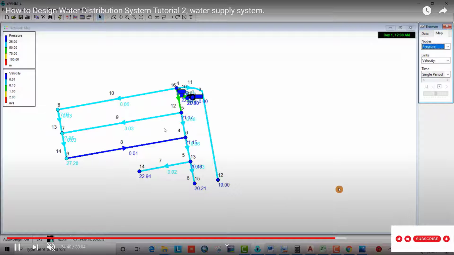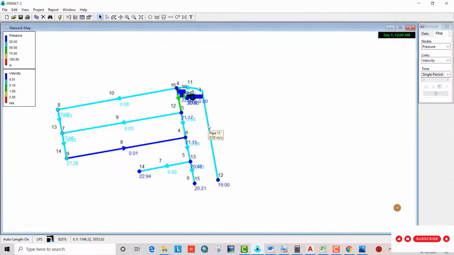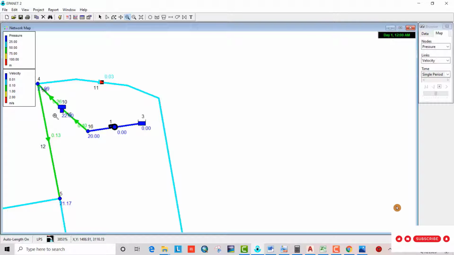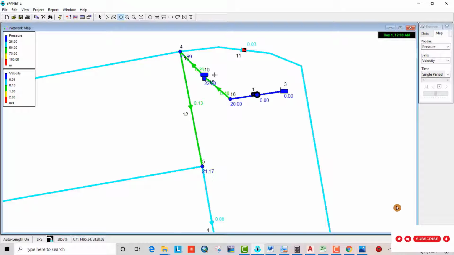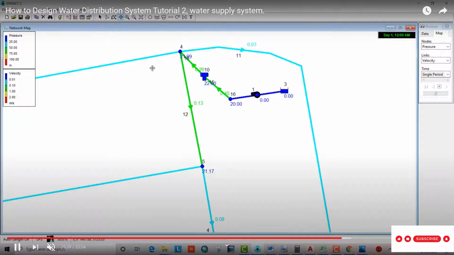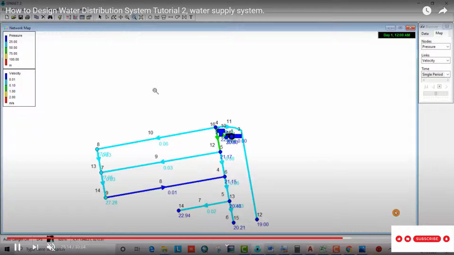See 0.06. Now we can change it. For velocity, which is too much, we can decrease the pipe diameter. This one is good, 0.4, 0.6. Velocity is not much.